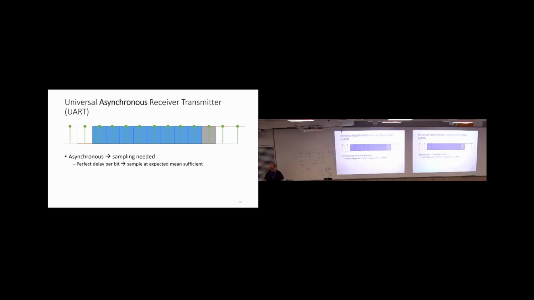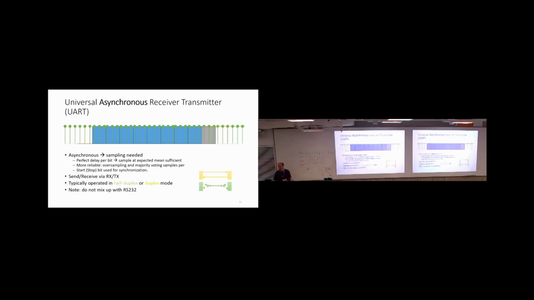Good. So one option is to try to sample right in the middle, which is hardly possible. Therefore, we do some oversampling, and with the oversampling, we are able to detect, with majority voting maybe, there are at least 2 subsequent zeros here. So we decide here's a 0.